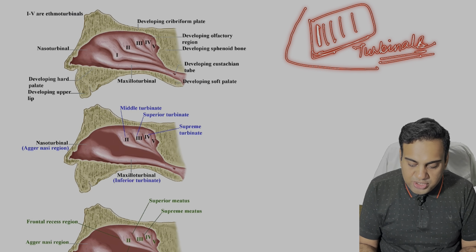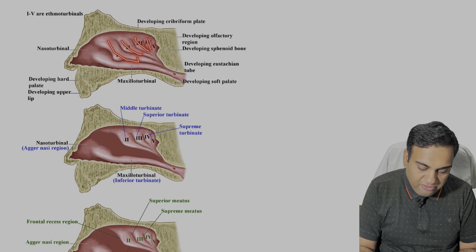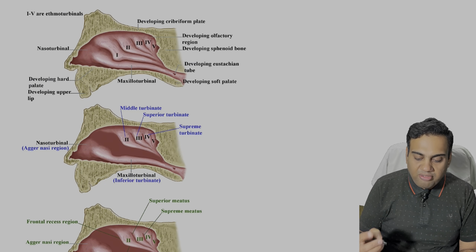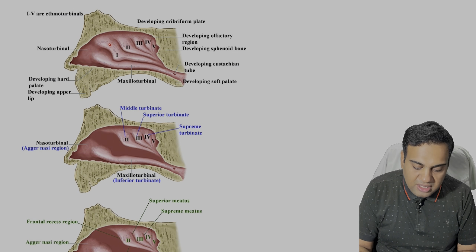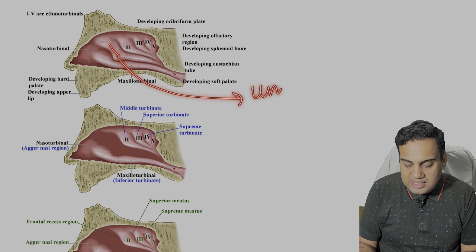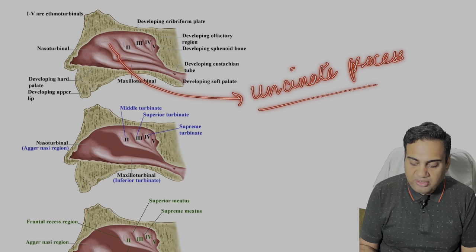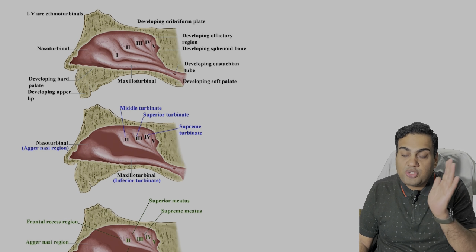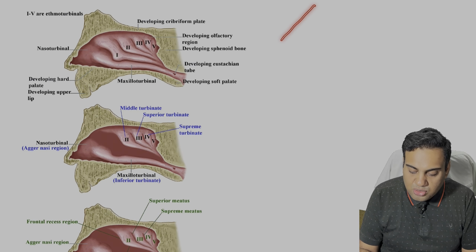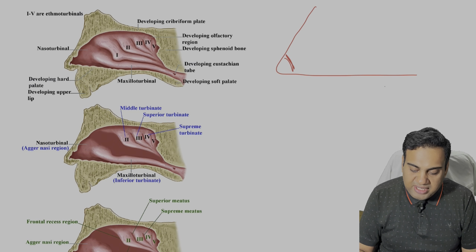Now these 5 projections, if you see here, are the first, second, third, fourth, fifth. Of these 5 turbinals, the first turbinal gives rise to what is called the uncinate process. If I show you a diagram of the lateral nasal wall, this is the vestibule.